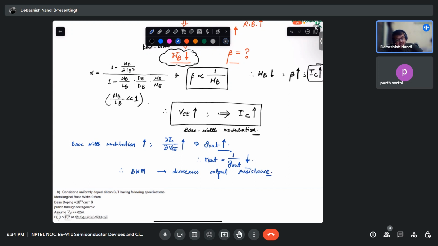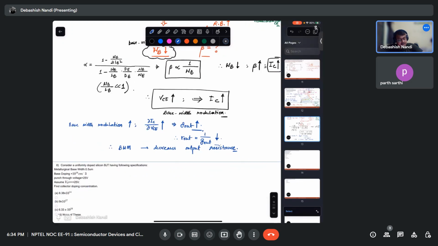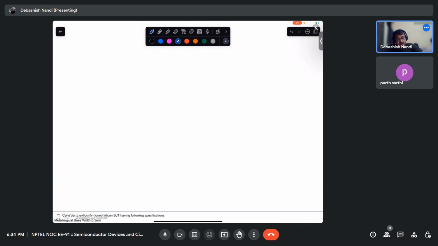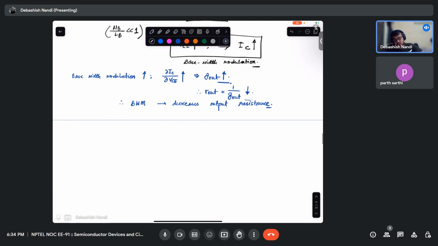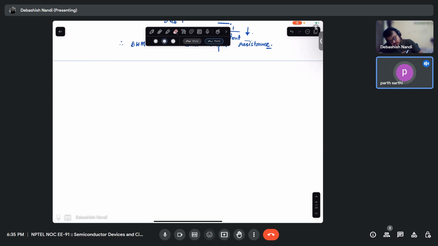Can you tell me a side effect of this? I'm digressing a little bit, but I think you should know this. Why do we want my output resistance to be higher, or ideally infinity, for an amplifier? Because the device does not affect the current.